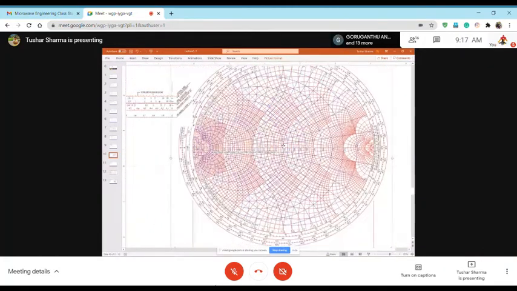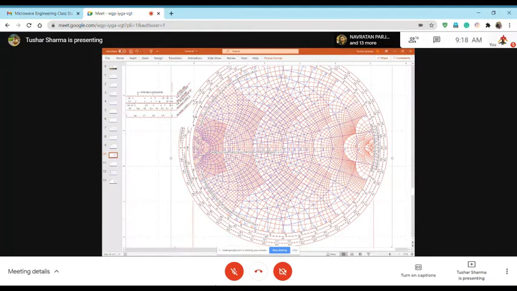Okay, so let me try to explain here, and then we can move to the writing portion. Last time we talked about it. There are two types of circles here: the Z circle and the Y circle.